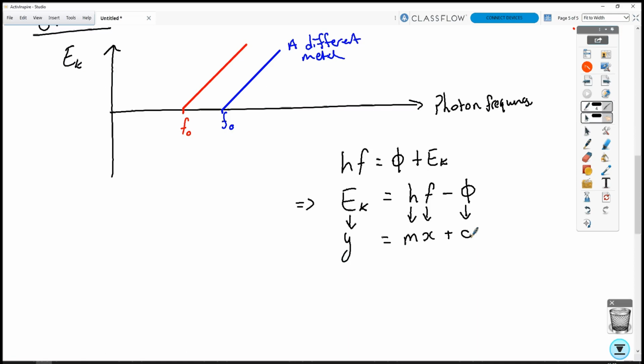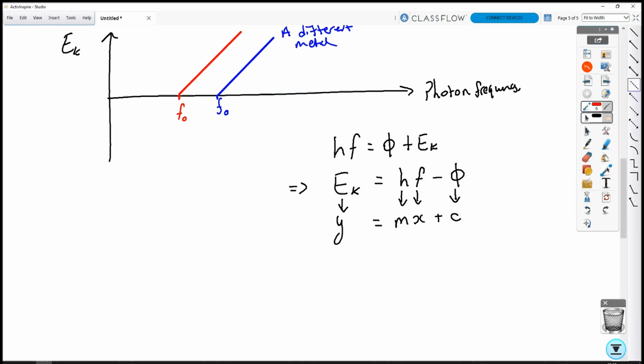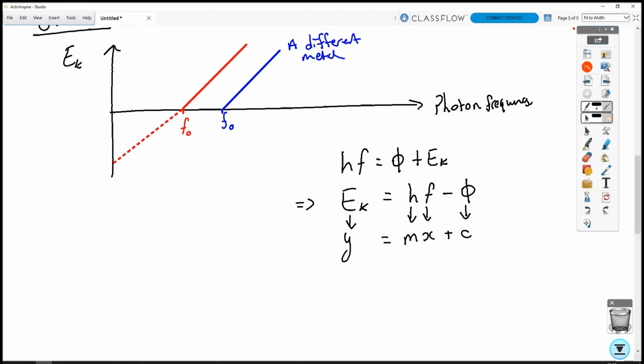So if we wanted to find the work function of this material using a graph, and we'll do it for the red one, we have to just extend this line until it intersects with the y-axis, and that value there gives us the negative work function.